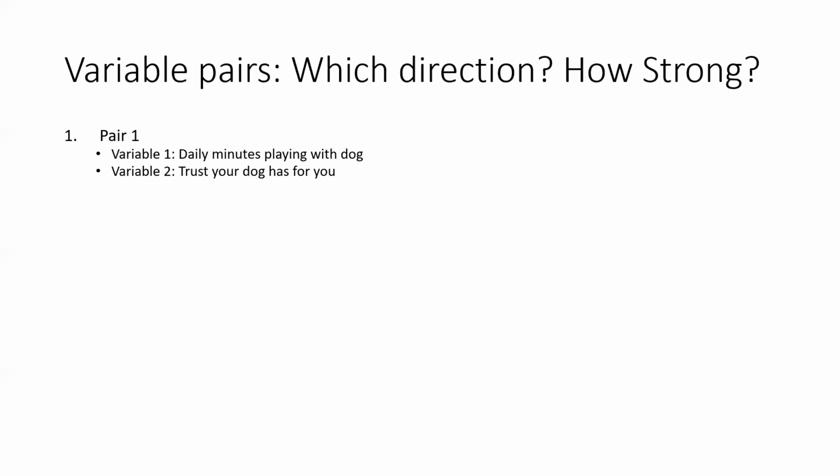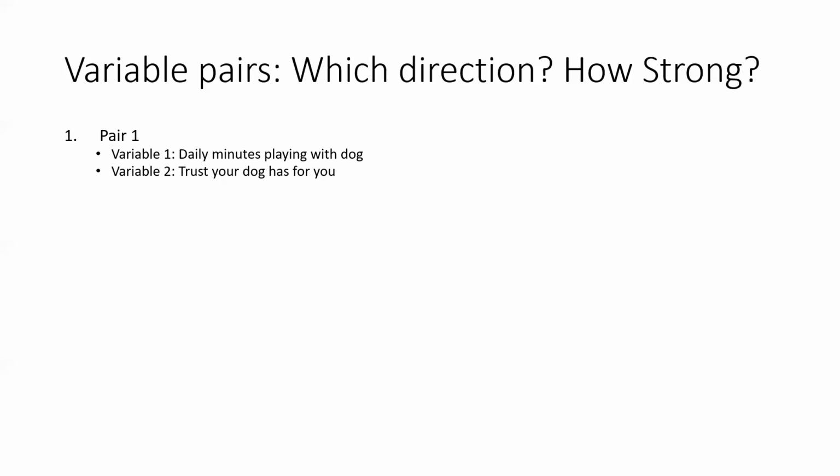So someone had this suggestion for the first variable, the minutes a person spends playing with their dog, and the second variable, the trust the dog has for the owner. And what I want you to do is, everyone needs to answer, please. Would you say this is a positive relationship? And remember, we don't mean good or bad.